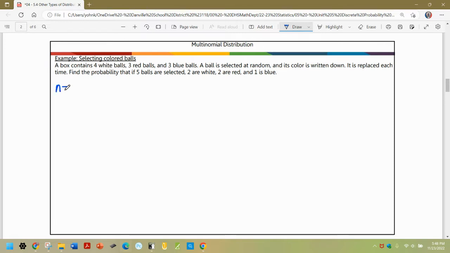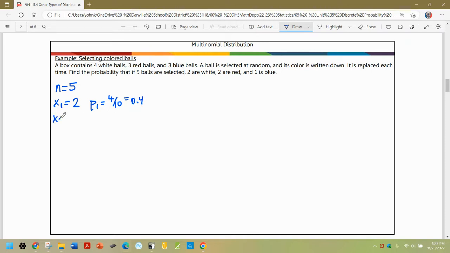Okay, so n, the total number of balls that we are pulling, is 5. Our first outcome is that we want 2 to be white, and the probability that a ball is white is 4 out of 10, which is 0.4.